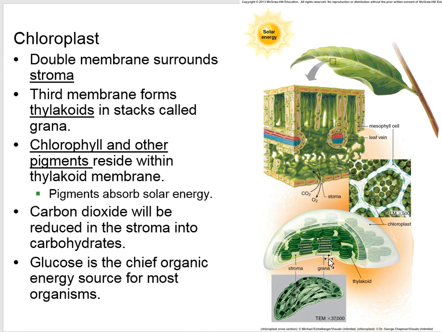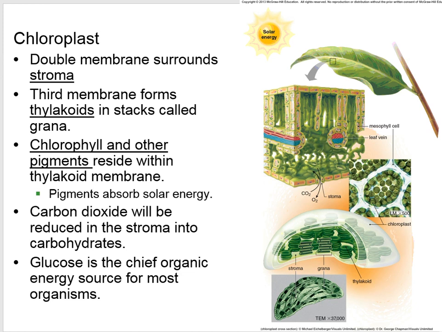In between these stacks of thylakoids is a gel called the stroma. That's an important part of the chloroplast as well, because a lot of chemical reactions happen in the stroma. Lots of enzymes there. So what you should be taking away primarily from this would be the thylakoids as one important part of the chloroplast and the stroma as the other.